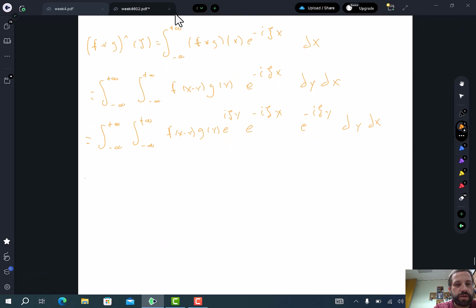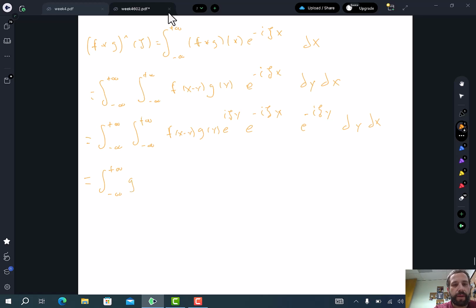Now since both of these functions, f and g, I didn't say it, but both of these functions are integrable, what I want to do next is swap the order of integration. So I'm going to have minus infinity to positive infinity. The dx integral is going to be the integral on the inside.